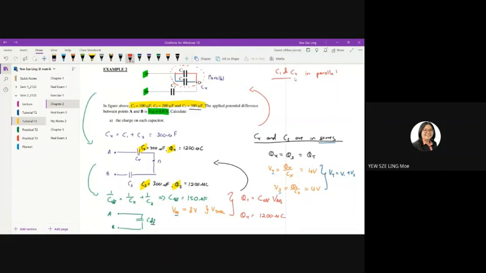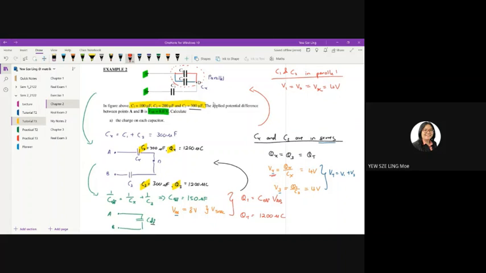If they are in parallel, the information that we have right now is the V. V1 equals V2, which, if you combine them, becomes Vx. So I have Vx equals 4 volt. So V1 equals V2 equals Vx, which is 4 volt.